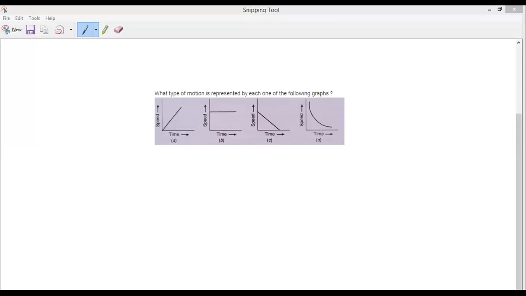What is the first type of motion? Uniform motion, sir. Not uniform motion; it is a speed and time graph. Then what should we say? Speed and time will give you acceleration, correct? Then it is uniform acceleration. So A equals uniform acceleration.